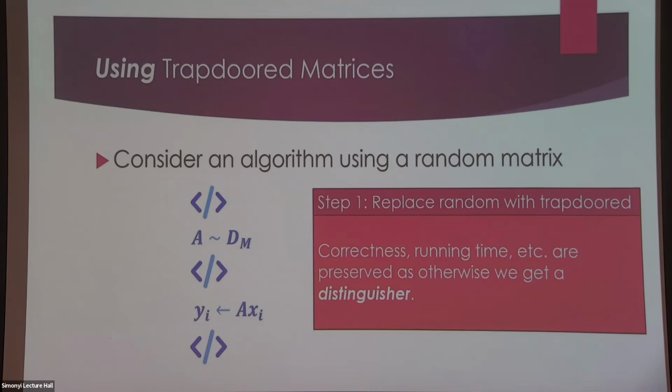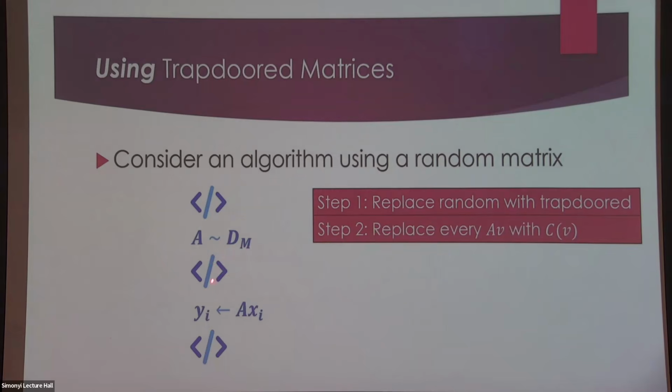So there cannot be any noticeable change, or any non-negligible probability change, to what happens in the algorithm by changing the distribution of actual random matrices to this pseudo-random distribution of matrices. But now, after I did that, every time that I multiply by A, I can replace it with my circuit that computes exactly the matrix vector multiplication. So this also didn't change anything in terms of correctness and so on.